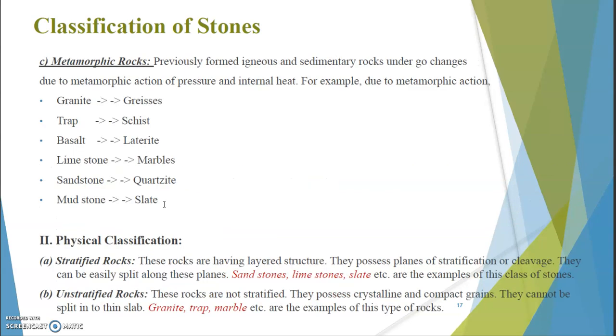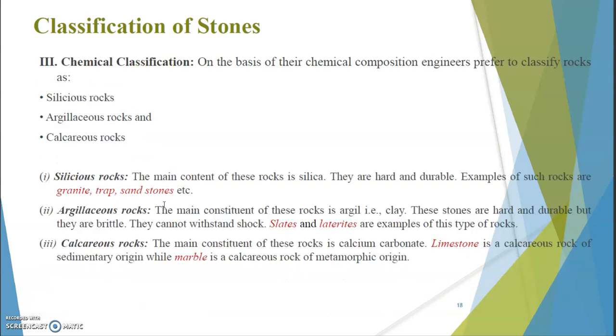So stratified rocks are nothing but your sedimentary rocks, and unstratified rocks can be igneous or else metamorphic rocks. Then the third one, chemical based classification.